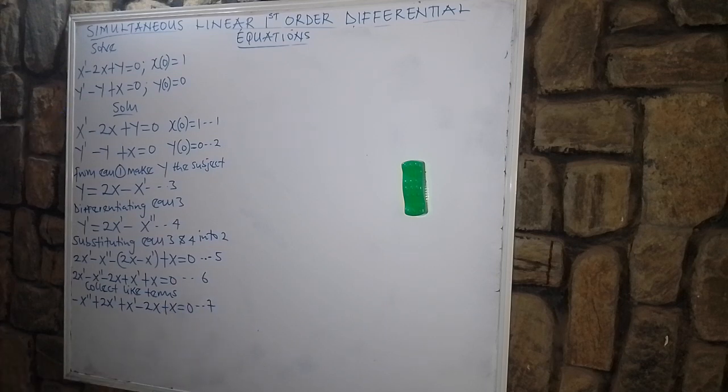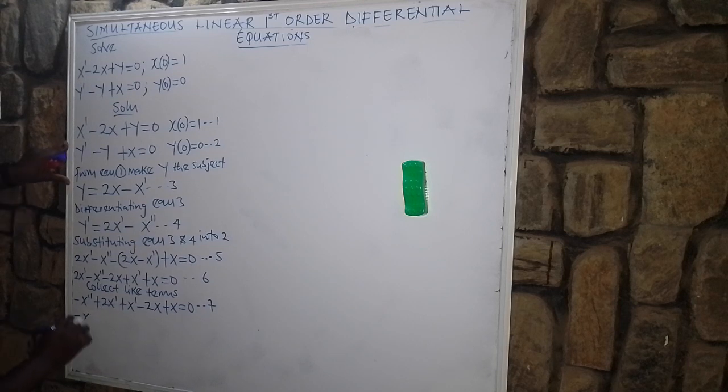If you can see what I am saying now, we can add this to give us minus x prime prime plus 3x prime, then minus x equals 0.